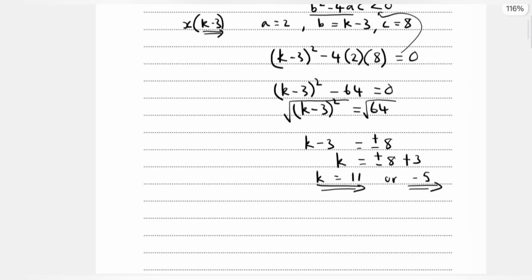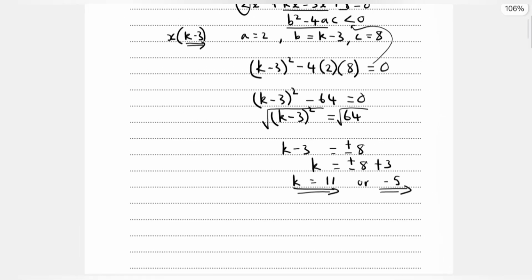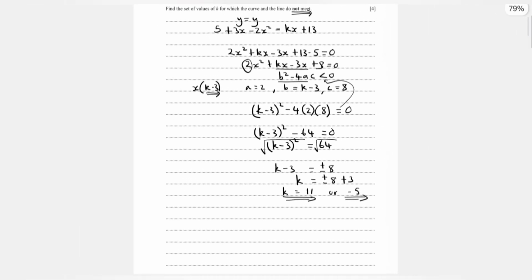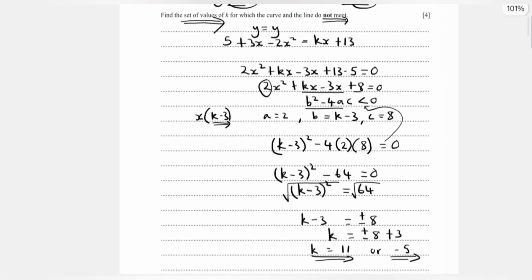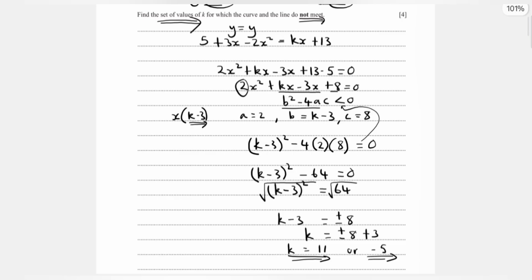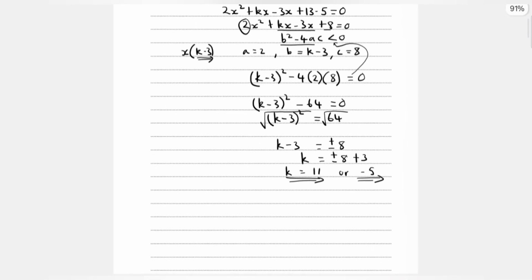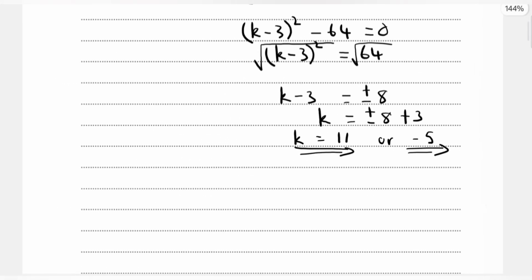And we're going to go ahead and use the graphical method, right, to find the set of values, because these are just two values, but we are asked to find the set of values of k for which the curve and the line do not meet. So to get that set of values, we're going to use the graphical method.